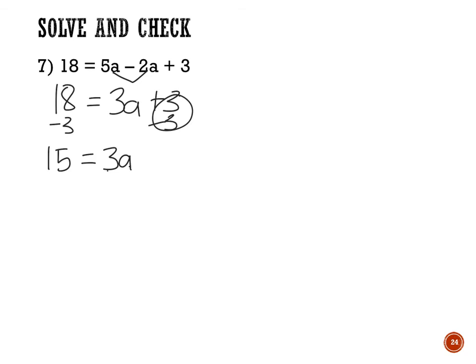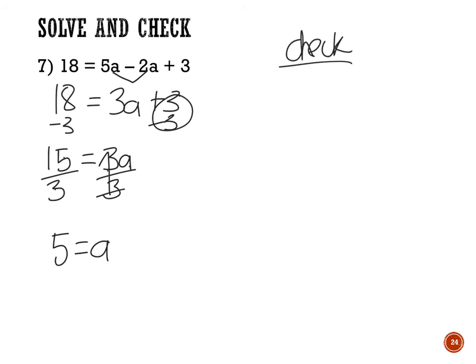3a is being multiplied. To get a by itself, I'm going to divide by 3. 3 divided by 3 is 1. Divide 15 by 3. 15 divided by 3 is 5. So a equals 5. I'm going to check my problem. 18 equals 5 times 5 minus 2 times 5 plus 3.